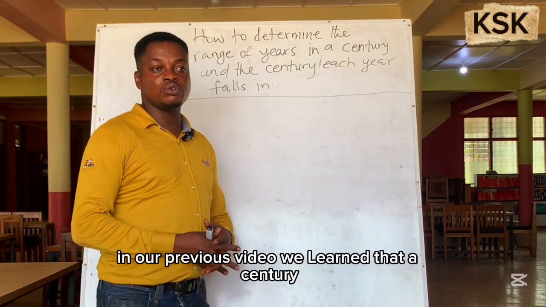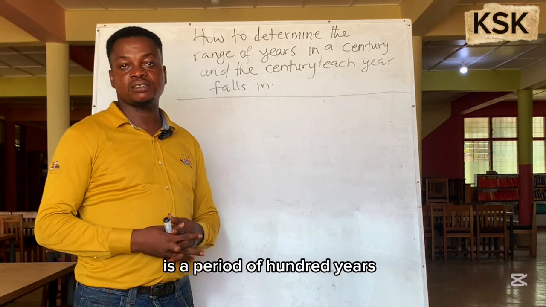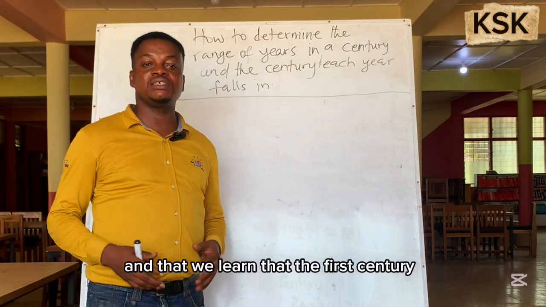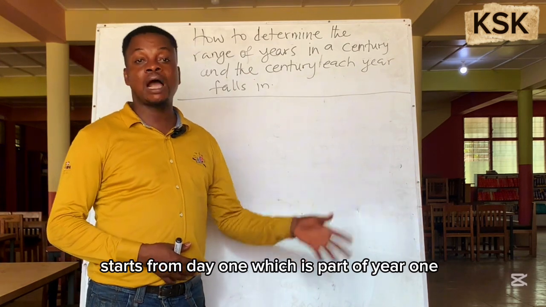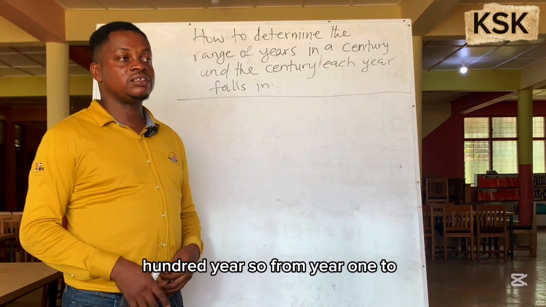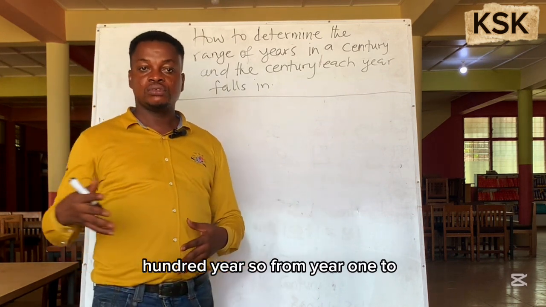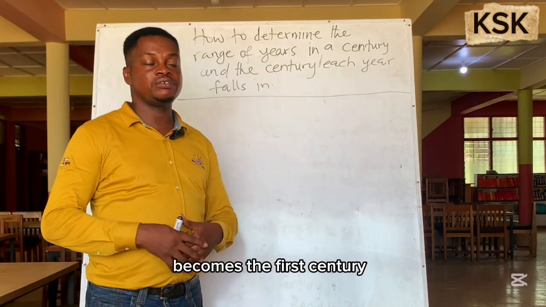In our previous video, we learned that a century is a period of 100 years, and that the first century starts from day one of year one, up to the 100th year. So from year one to year 100, that range of years becomes the first century.